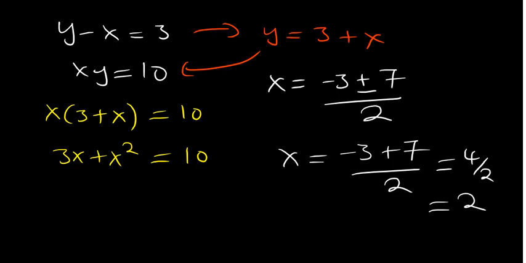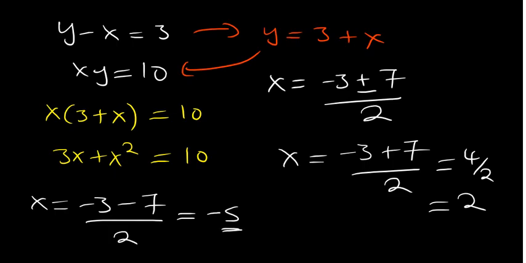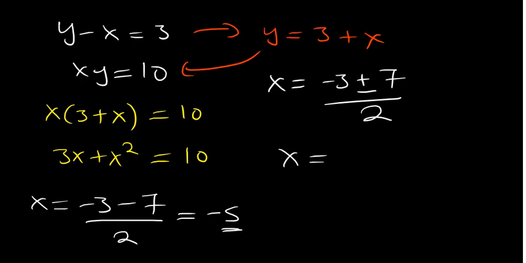And then the other possible value of x is where I get the negative now. Negative 10 divided by 2 gives me what? 5. Negative 5. So these are the two possible values of x that we have. So for each one of them we need to find the value of y.